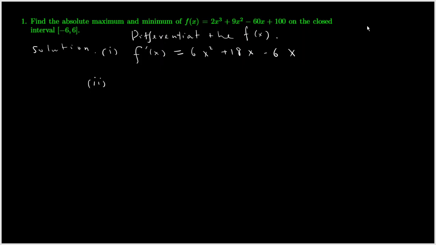So the first thing you do is to differentiate the function, of course. The second thing we do is to find all the critical numbers by setting the derivative to be 0.